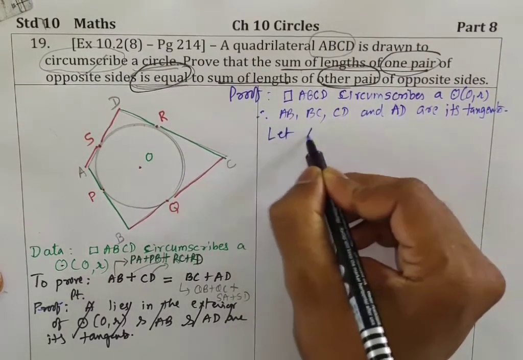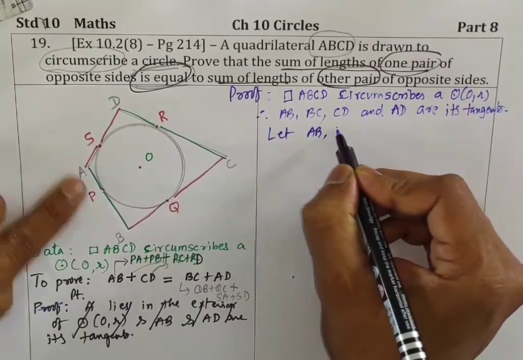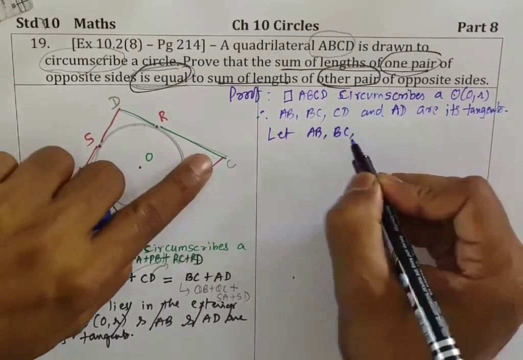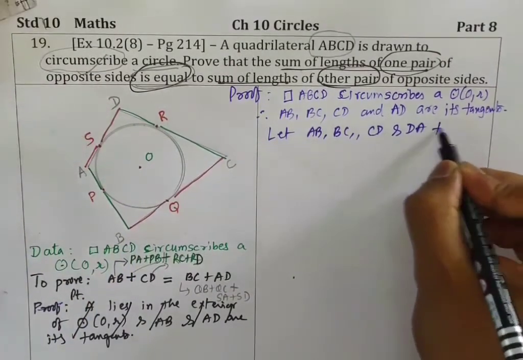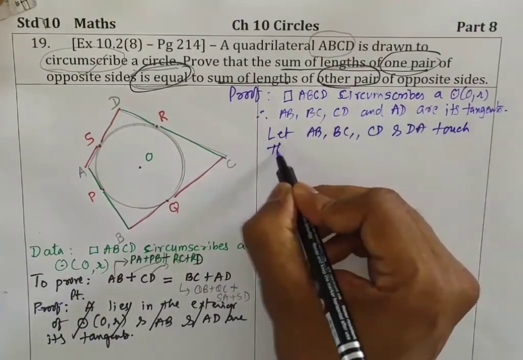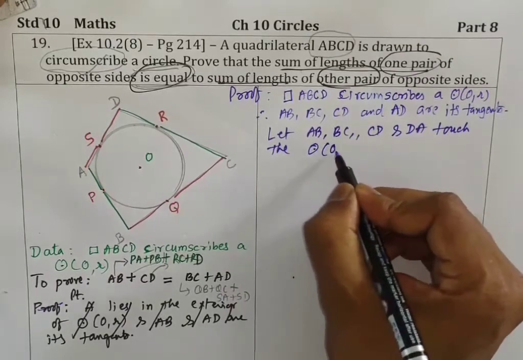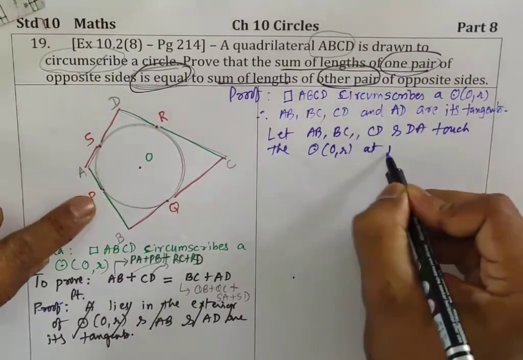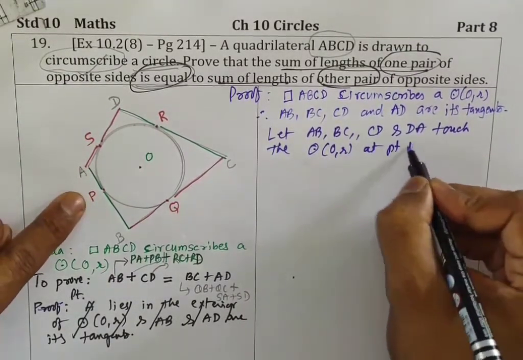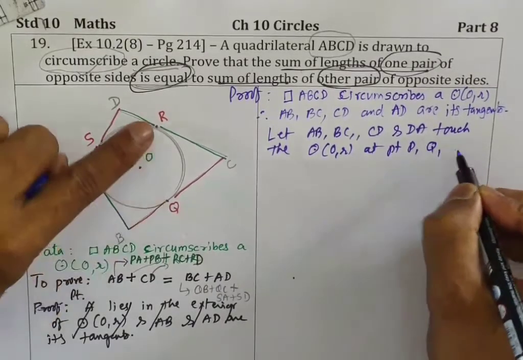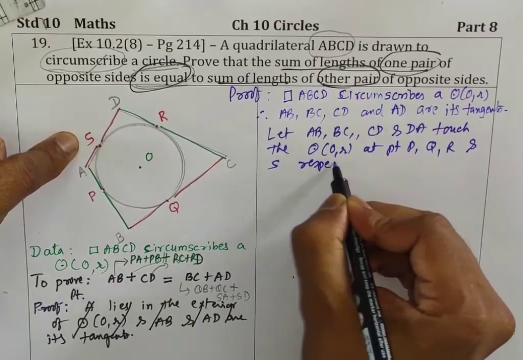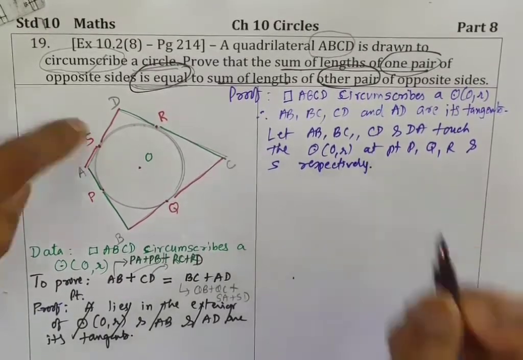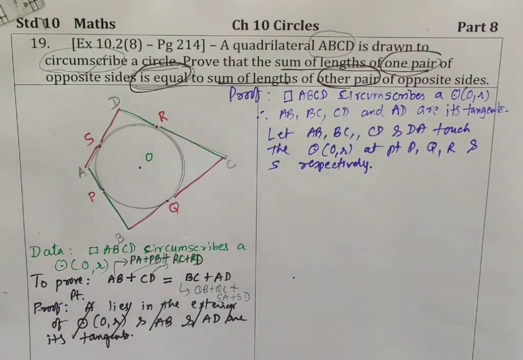Let AB this side, BC this side, CD and DA touch the circle with center O and radius R at points, first P, then Q, then R and S respectively. Alright children, is that clear?